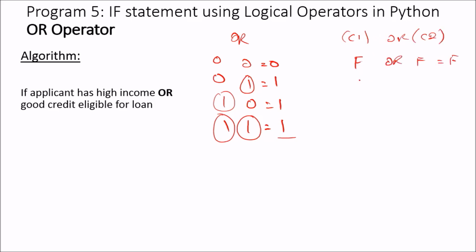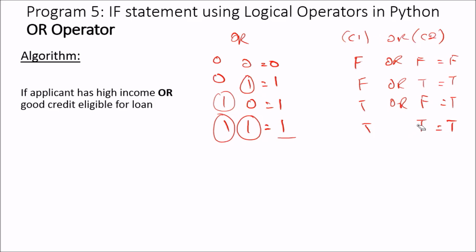If condition 1 is false and condition 2 is true, the output will become true. Condition 1 is true or condition 2 is false, it will become true. And if both are true, output will be true. Got it? So if either one becomes true, output will become true.